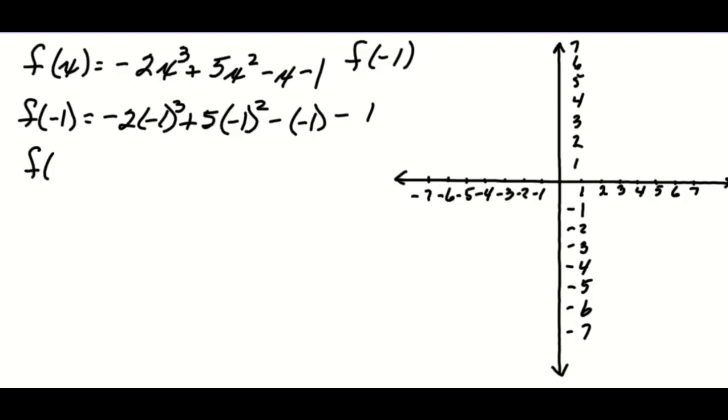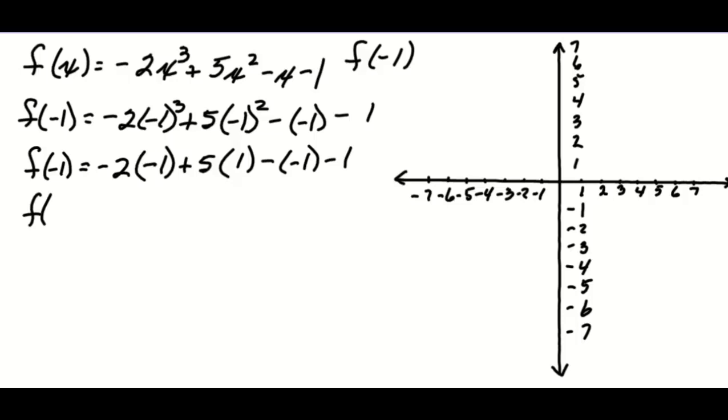So the function of negative 1 now is negative 2 times, and negative 1 times negative 1 times negative 1 turns out to be negative 1, plus 5 times negative 1 squared turns out to be a positive 1, minus a negative 1 minus 1.